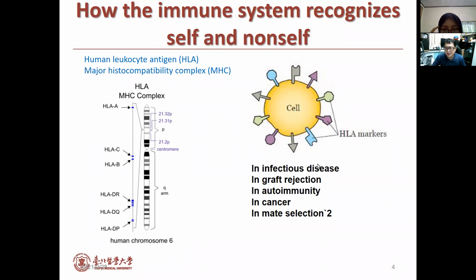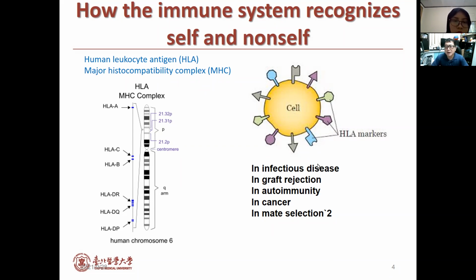Because cells without a nucleus are not going to present MHC or HLA, those personal markers on their surface. Unless you can find an identical twin, then you possibly get a very high chance of transplantation or transfusion.